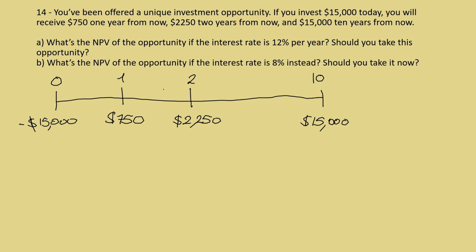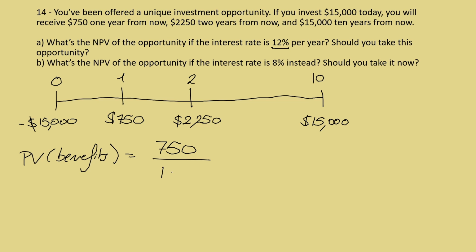What's the NPV of the opportunity if the interest rate is 12%? Okay. So remember, first we need to calculate the present value of the benefits. So, present value of the benefits is going to be cash flow 1, 2, and 10, right? So, first we do cash flow 1, so 750, and we discount it to the interest rate.